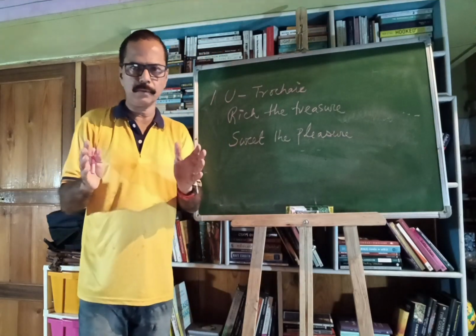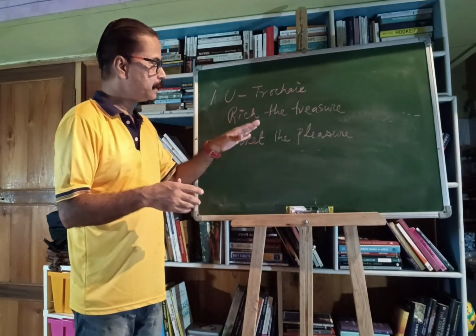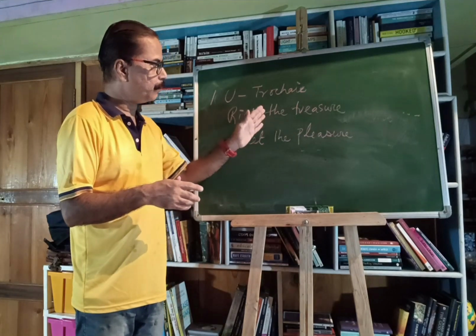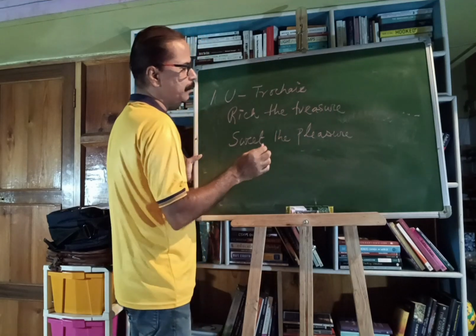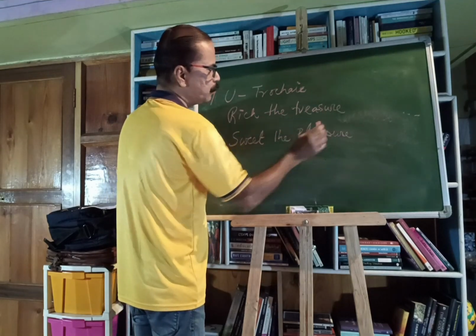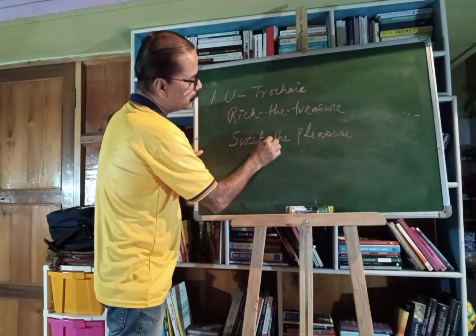Rich the treasure, sweet the pleasure. Now these are the 2 lines. Now these again we know, rich is 1 syllable, the 1 syllable, treasure has 2 syllables. 2 vowel sounds, 2 syllables. So pleasure also can be divided into 2 syllables. So now we have divided the lines into their syllables.